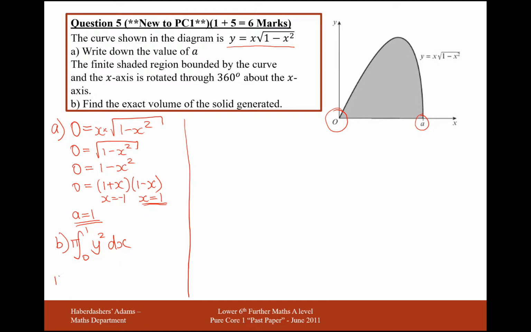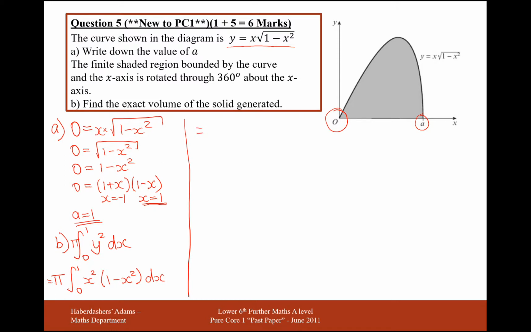So we can rewrite this as pi times the integral between the boundaries of, we're going to square our function as well, so it's going to be x squared, and then it's going to be the square root of 1 minus x squared, squared, and that will undo the square root symbol, so it will just be 1 minus x squared dx.